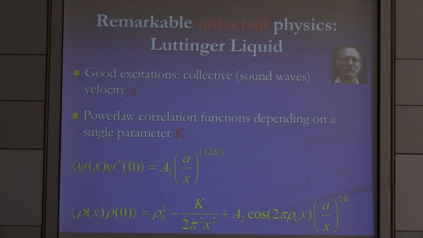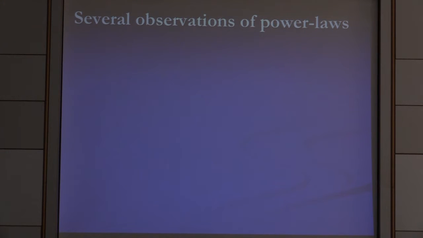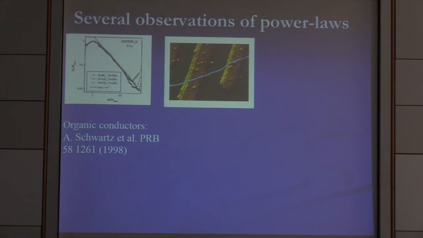And then if you see the power law, you can relate this to a certain value of k. Now you can decide if the value of k is reasonable. We know that for repulsive particles, k is smaller than 1, for attractive particles, k is larger than 1, and so on and so forth. So if you find a completely crazy value of k, then you know your interpretation is wrong. But you cannot guarantee in all these systems that interpreting these power laws in terms of Tomonaga-Luttinger liquid is the only interpretation. It's difficult to find another one, but it can exist.